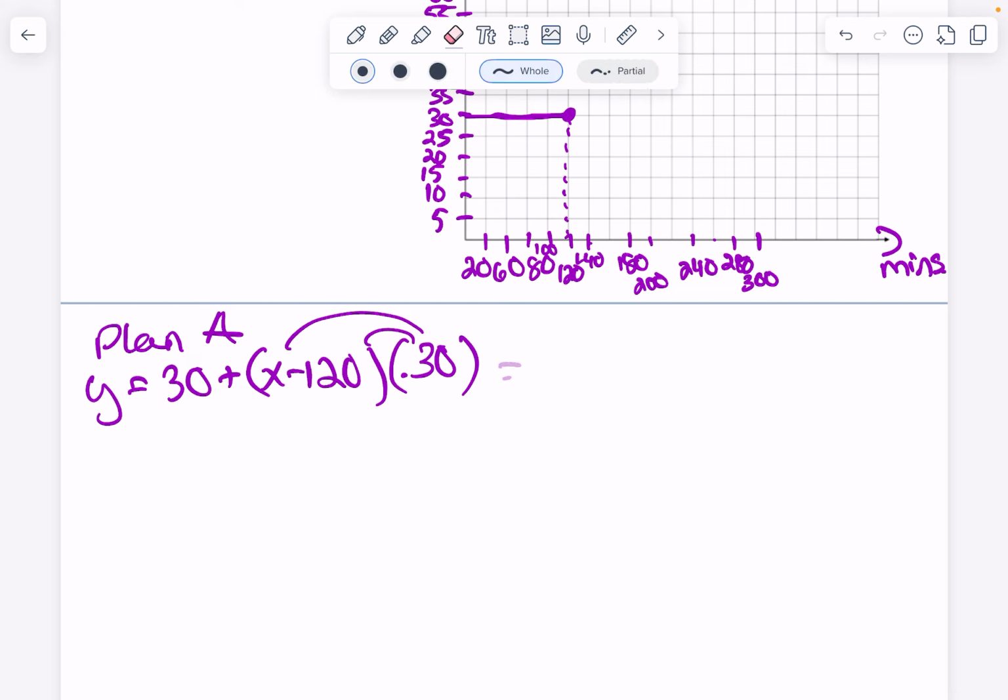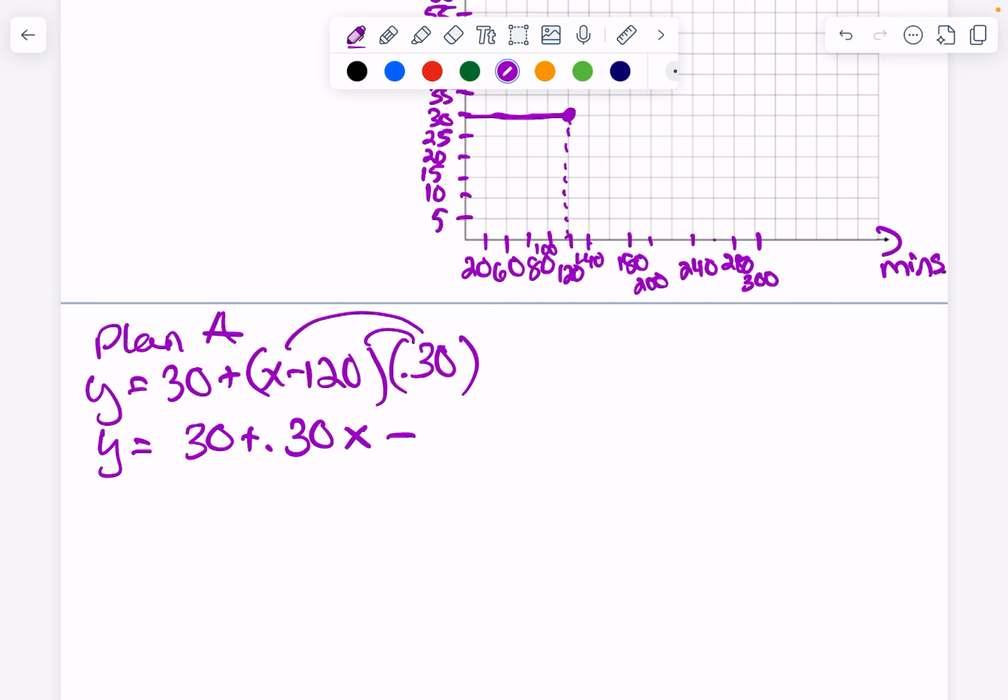So y equals 30 plus 0.30x minus 120 times 0.30, which is going to be negative 36. Now we can combine these, so we get y equals 0.30x minus 6.